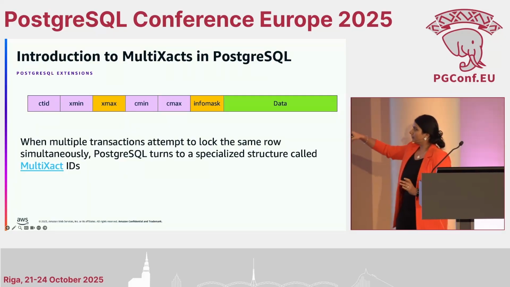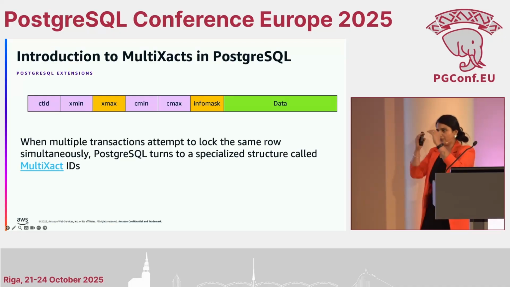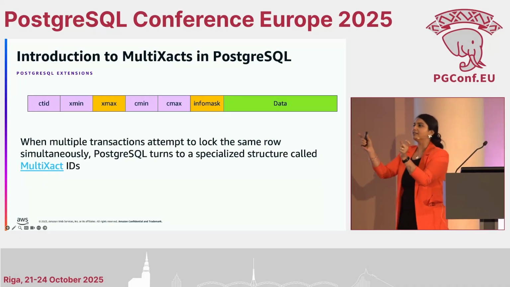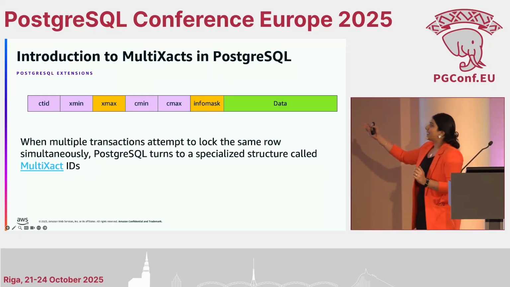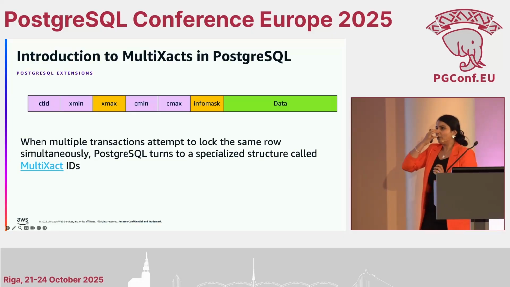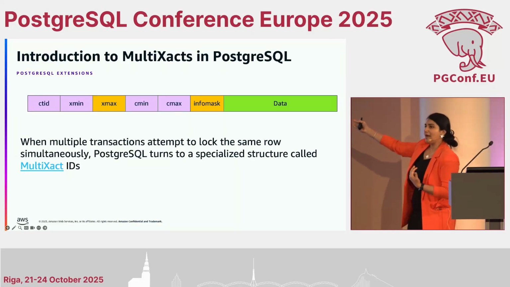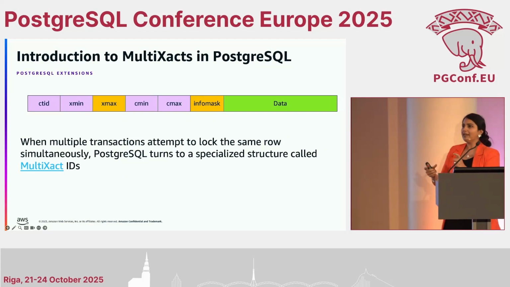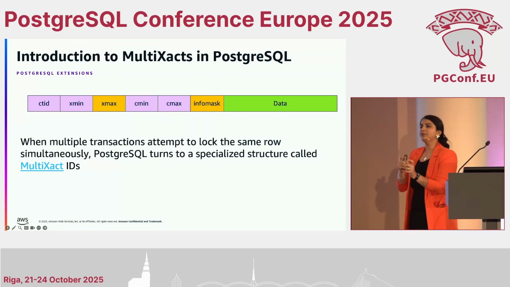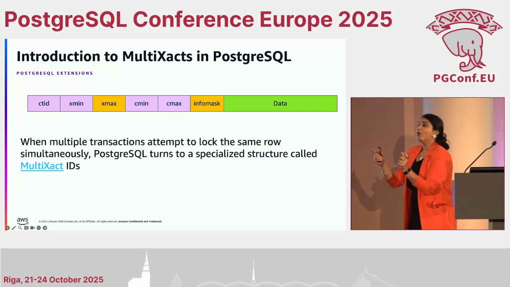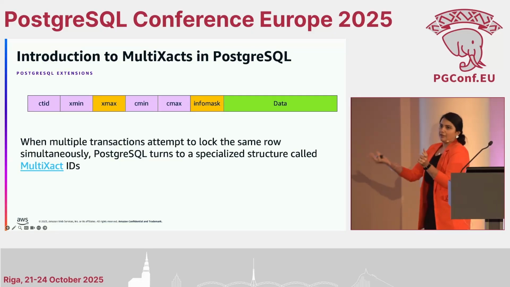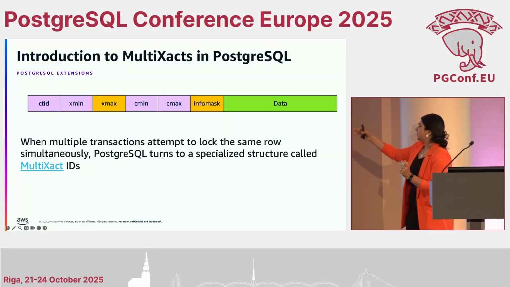You have the CTID, which basically tells you where this row is in the page. Then you have the Xmin, which is the XID of the transaction which created this row, which inserted this row. Xmax, the transaction ID which basically made this row obsolete, so deleted or updated, and then cmin, cmax, infomask.